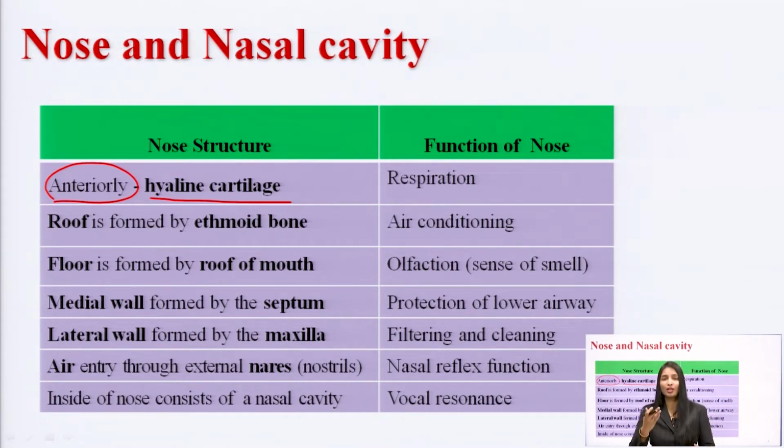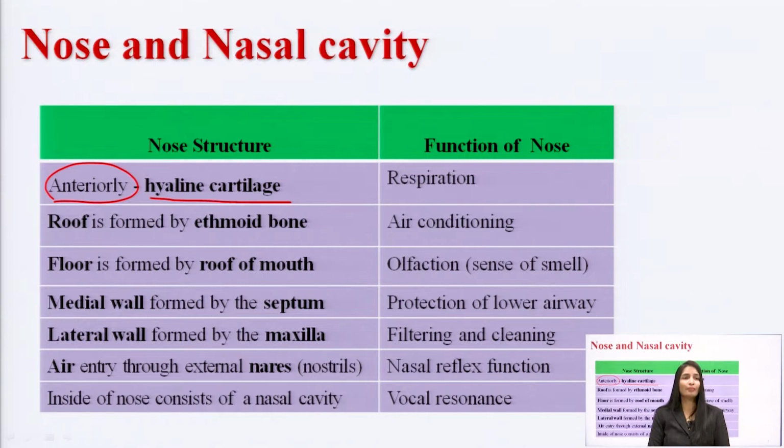What about the floor of the nose? It is the roof of the mouth. So, the mouth comes somewhat below the nose, right. So, the floor of the nose is formed by the roof of the mouth.